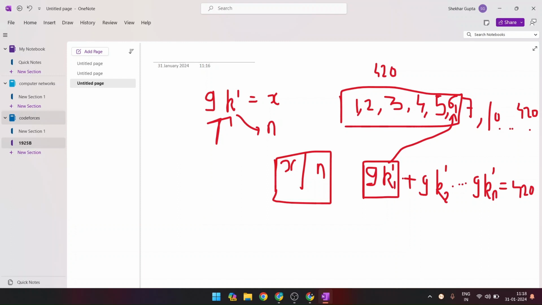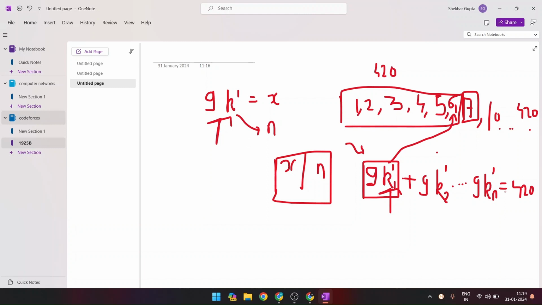This can't go up to 7, right? So my task is to make this g into k1 dash as maximized as possible, right? This k1 dash can be 1, can be 2, but I am very sure that this g has to be a factor of this 420, and I don't care what this k1 dash, k2 dash, and kn dash are, right?